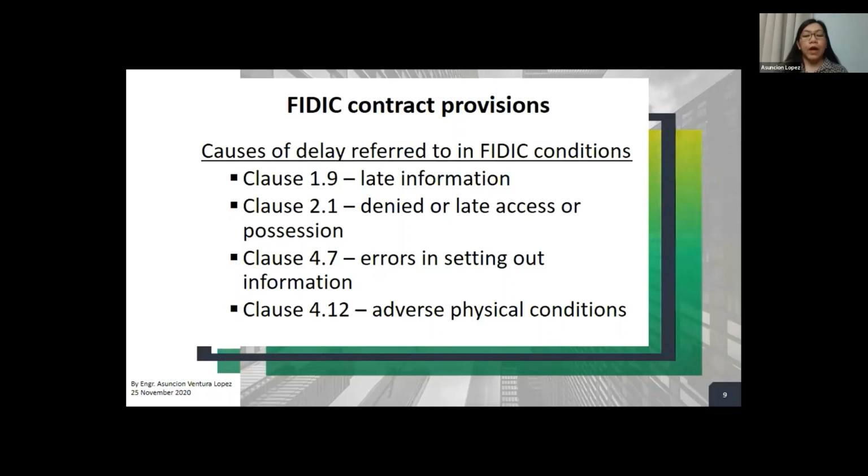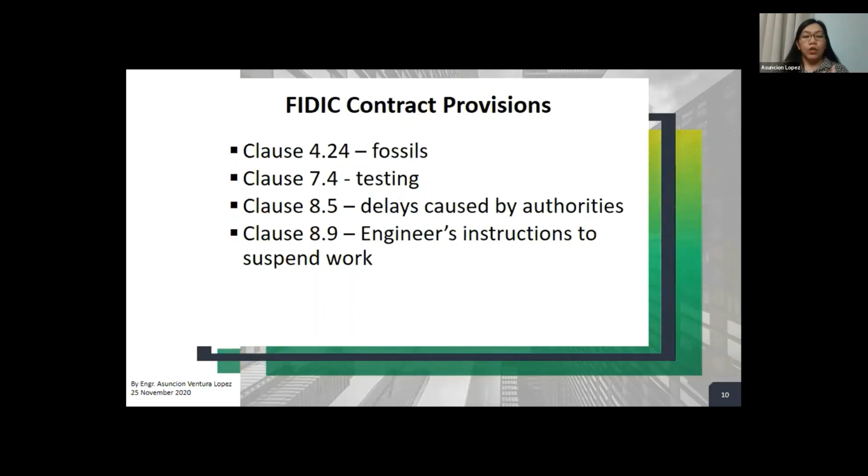Clause 4.12, adverse physical condition. Clause 4.24, fossils. For example, if you are doing excavation and fossils are found during the excavation, you will be entitled to an extension of time. Testing delays are one example of this.